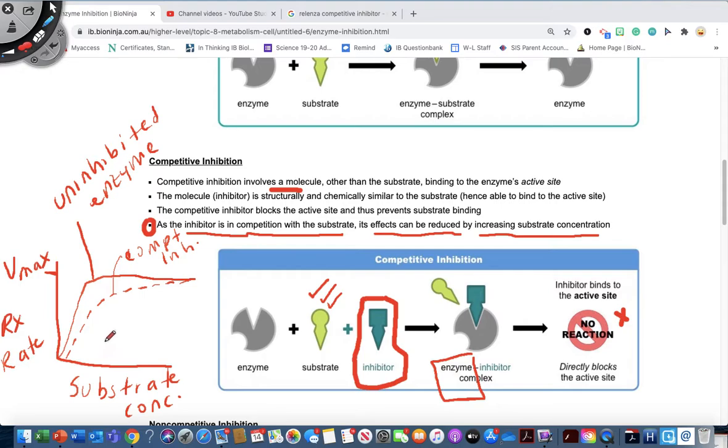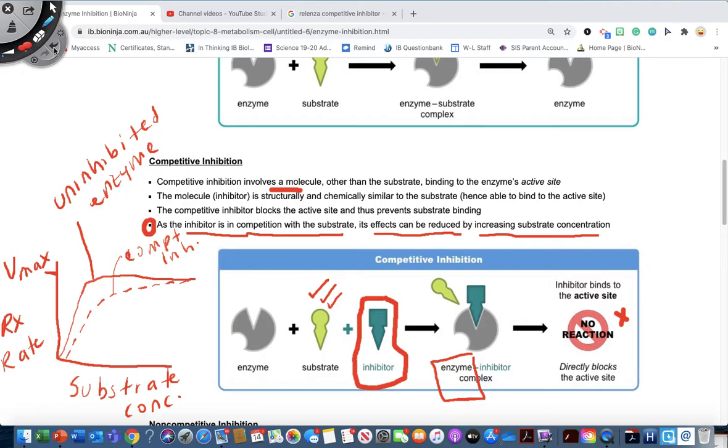So even with the presence of inhibitors, as I increase substrate concentration, this reaction can eventually reach Vmax. Okay? So that's the only way to counter the effects of an inhibitor, by increasing the substrate concentration.